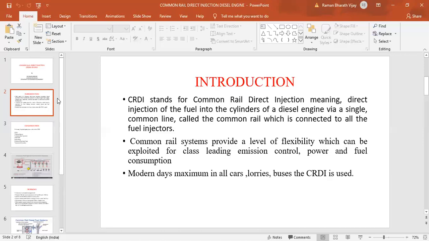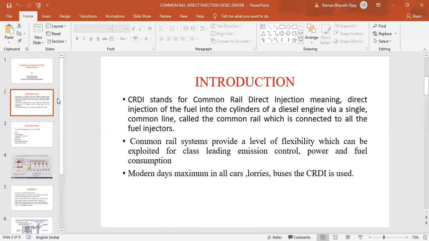Again I will repeat, the fuel is supplied to the engine through a common line. You have an injector and you have a cylinder. From the injector, fuel is supplied to the cylinder. From the fuel tank, fuel is supplied to the injector through a common line. So this common line plays a vital role.